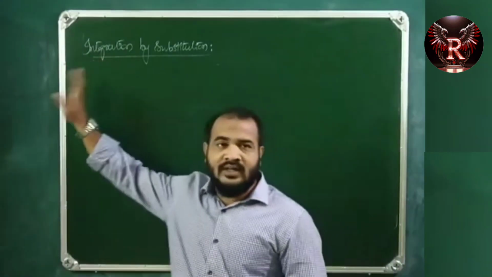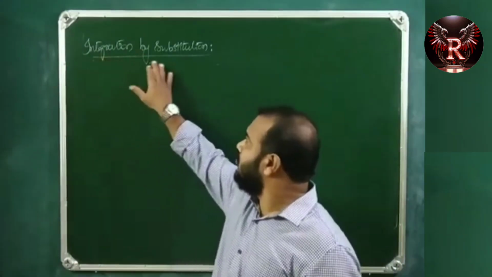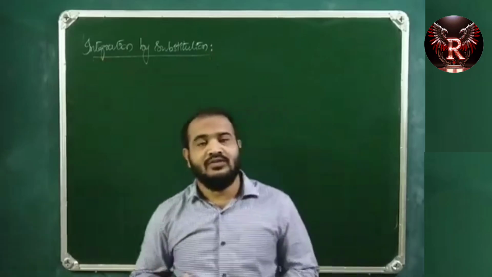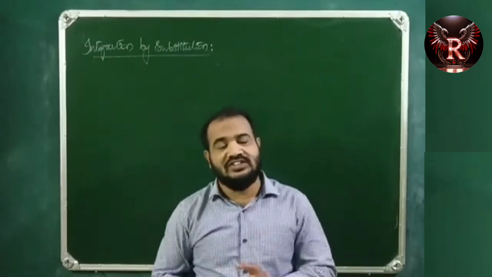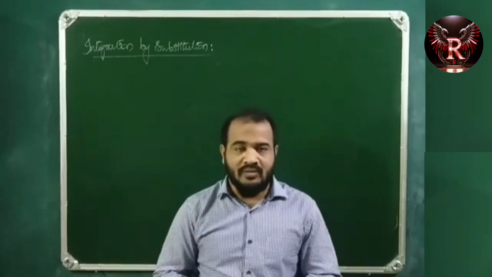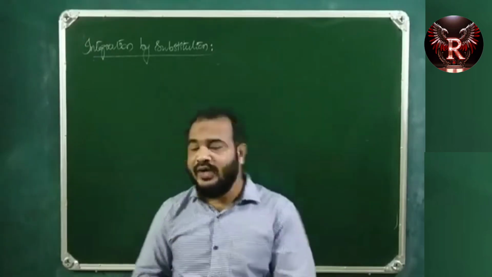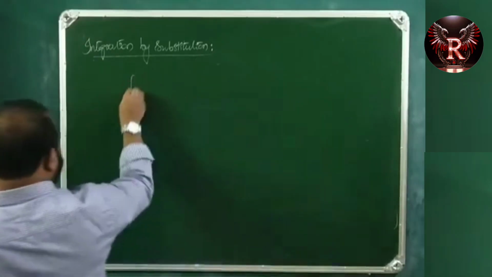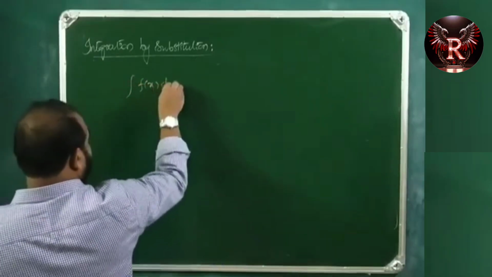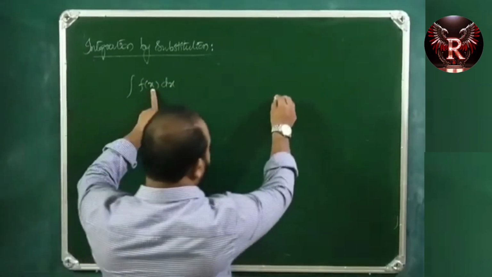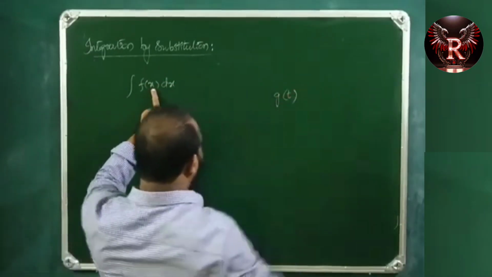Now let us discuss the integration by substitution. So the method of substitution or change of variable to evaluate integral f of x dx consists of substituting g of t for x.